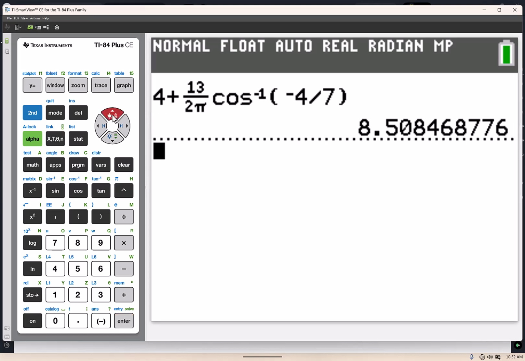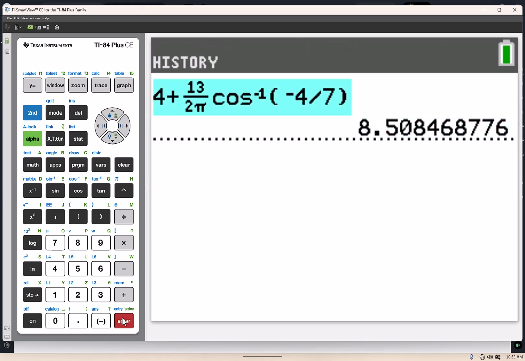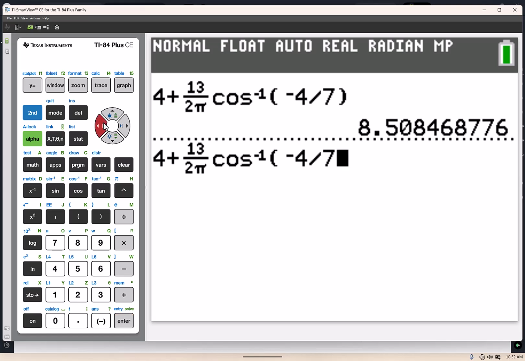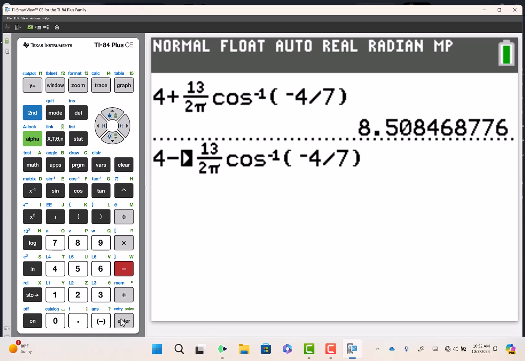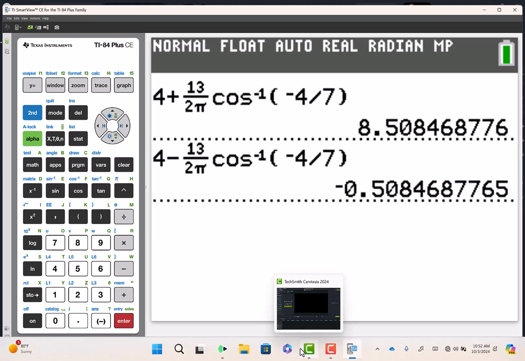4 minus. Scroll up, you don't have to type it again. Scroll up, push enter. That's the beautiful thing about these calculators: you can just scroll up and change a plus to a minus. See? Negative 0.508.